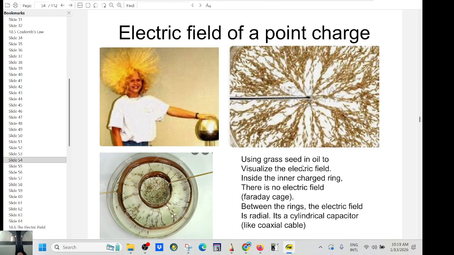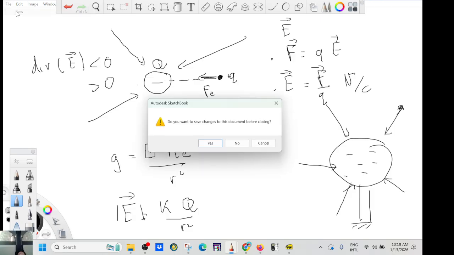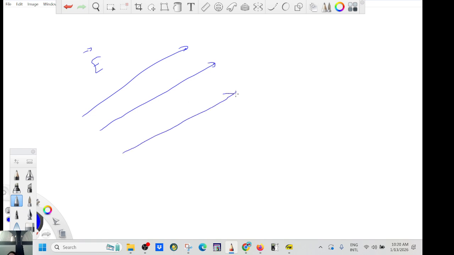The other thing you have to understand is, if you have an electric field, you have to memorize this because it's a typical conceptual question. Imagine the electric field is like something blowing.